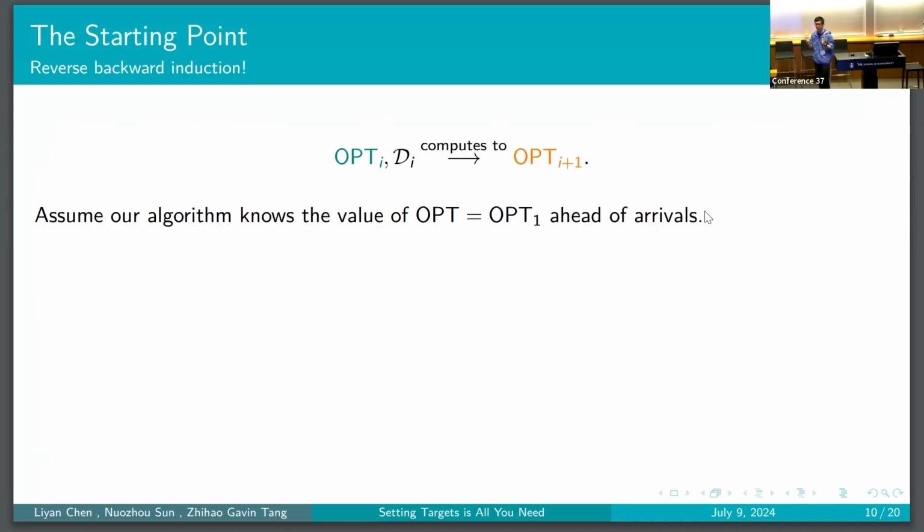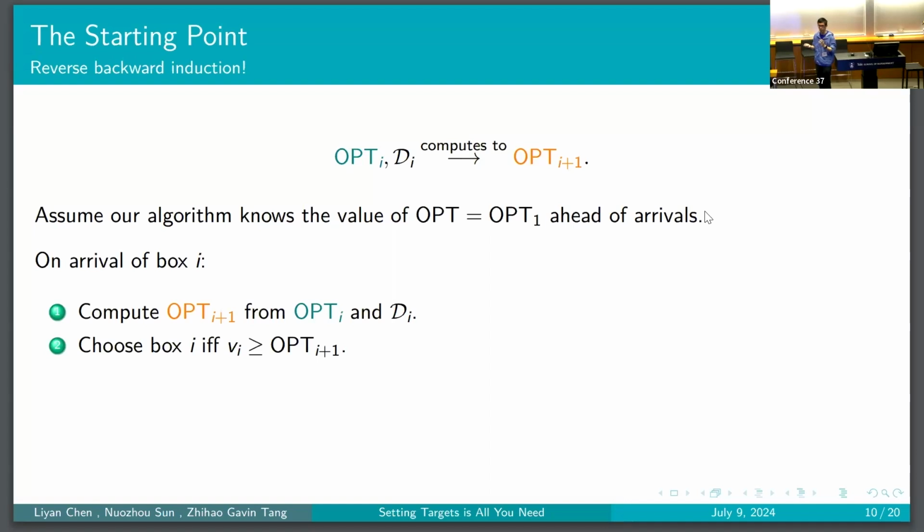Suppose our algorithm knows opt ahead of arrivals. Here opt is the expected reward gained by the optimal online algorithm. Then our algorithm can do the following. Basically, on the arrival of box i, it can first compute opt-i+1 from opt-i and Bi. We can do this because we have the formula to compute it.